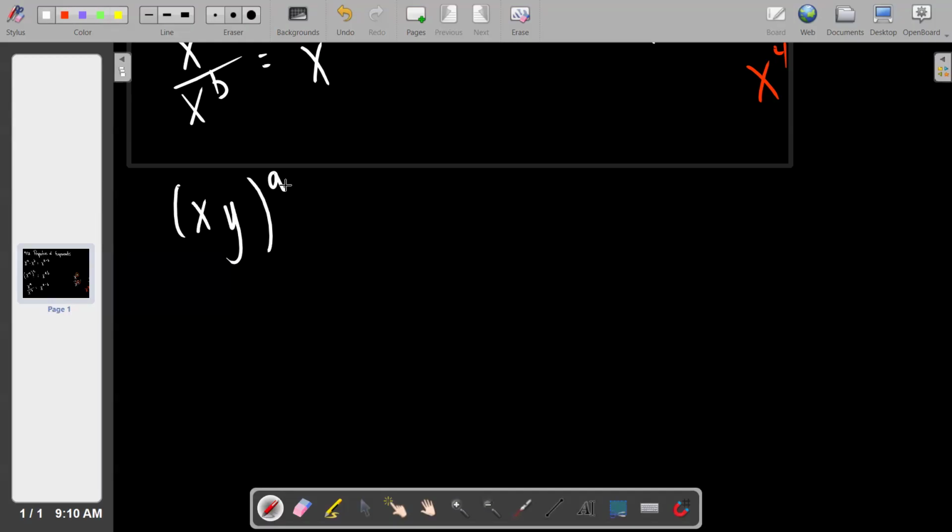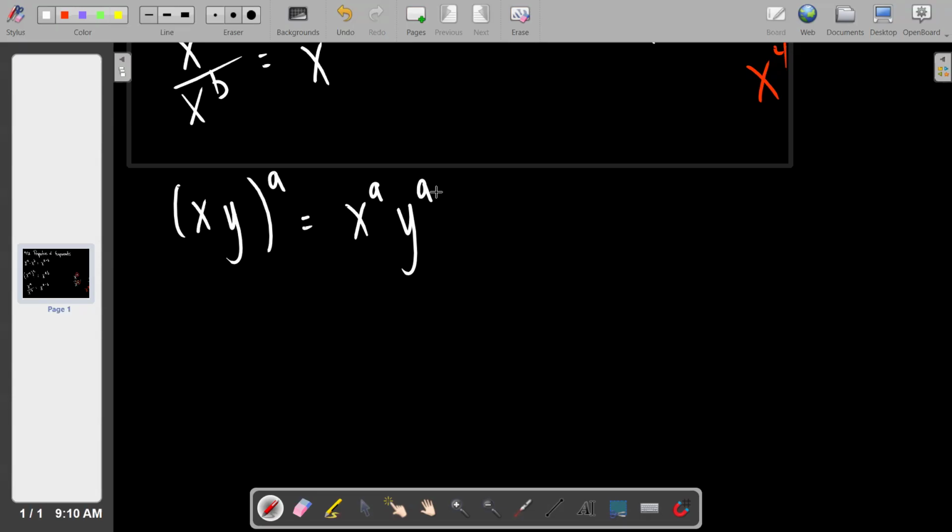X raised to a power plus y. No, is it multiplied? Okay, so it's x raised to a multiplied by y raised to a. There it is. That took a little while to get there, but you got there. It's always worth the journey, you know.